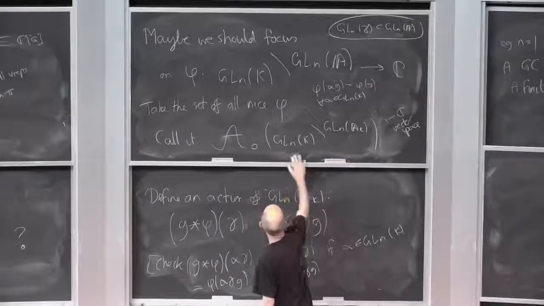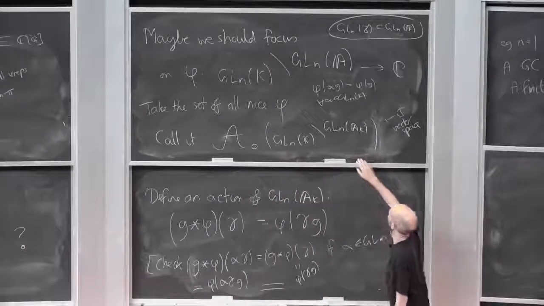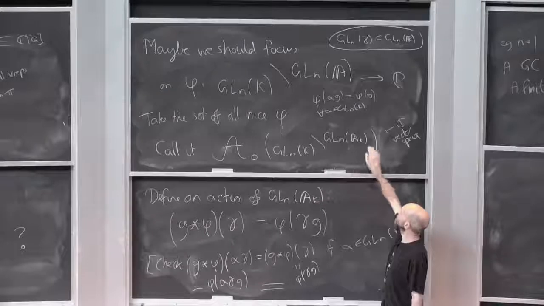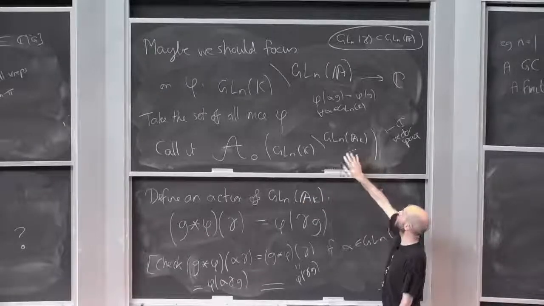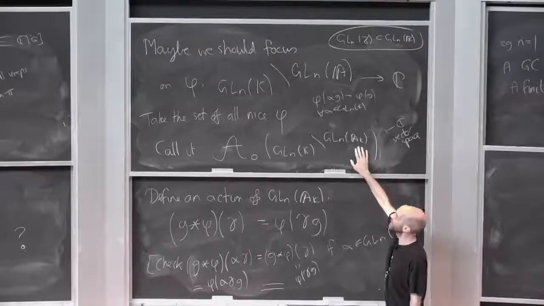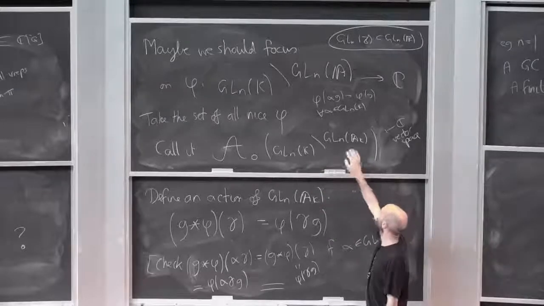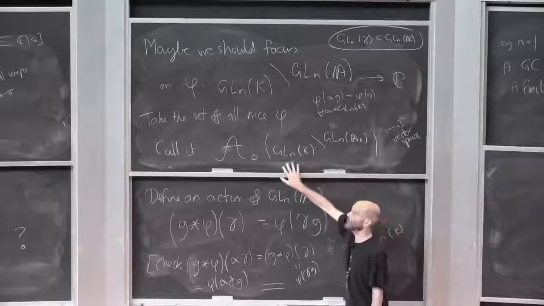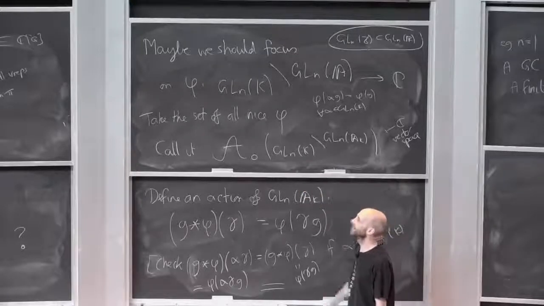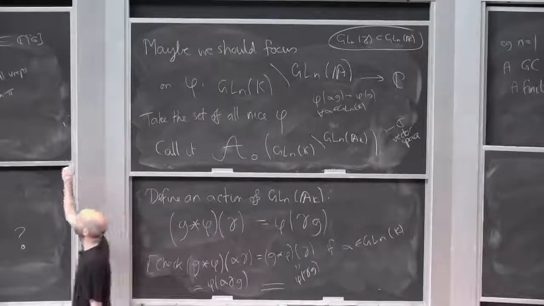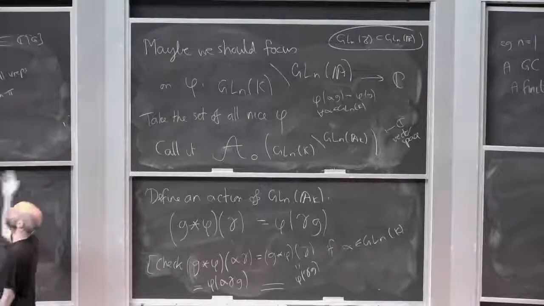So the idea, just as we did for H, you should regard this as not the group ring of GL_N of A_K. This is some weird subspace of the group ring consisting of representations of GL_N of K that have some magic property, right? That's exactly what's happening here. Take the group ring of some finite group G, you get all representations.